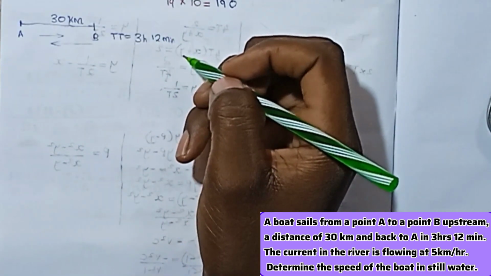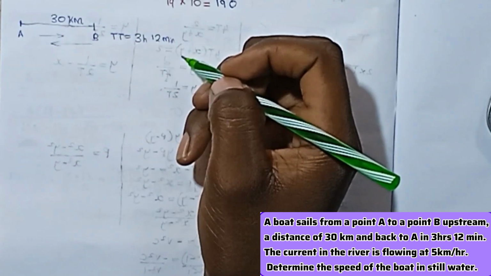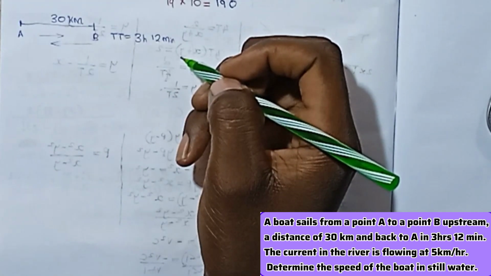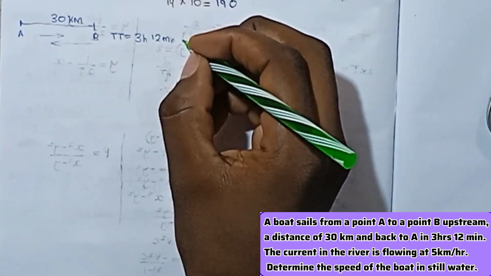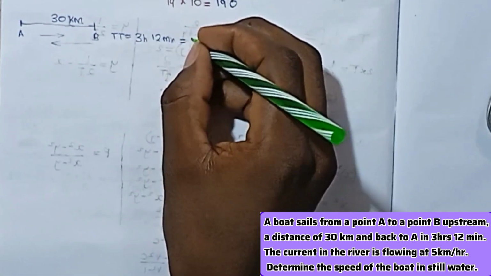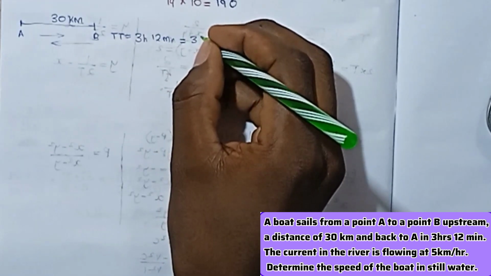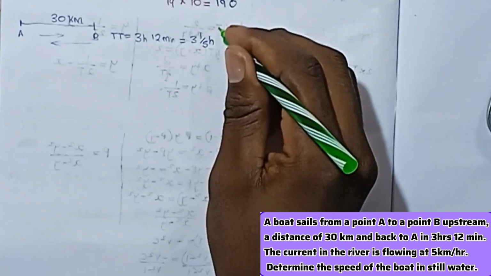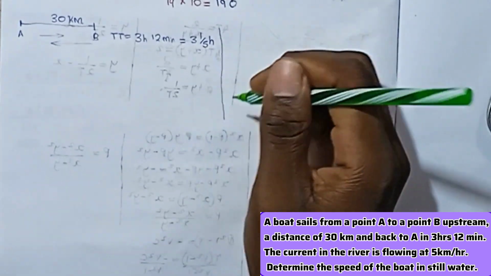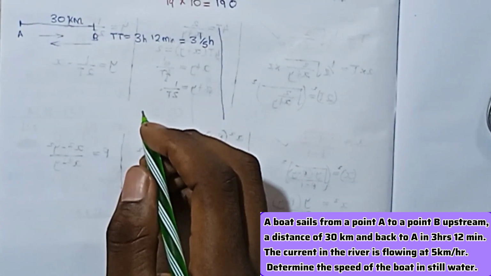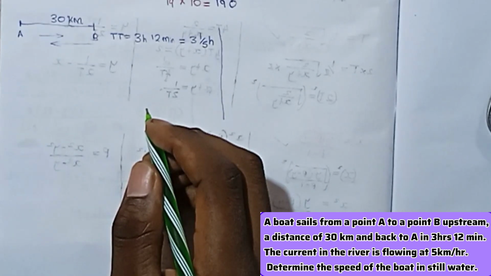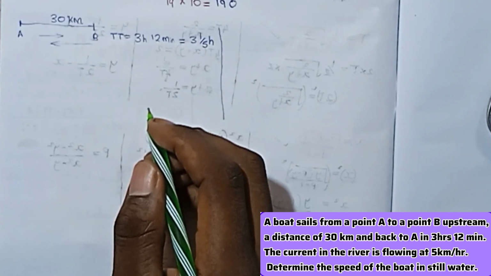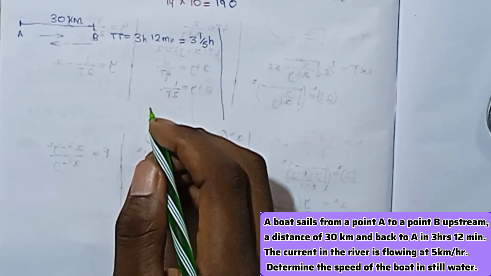When we convert 12 divided by 60, we get 1 over 5. So it is equal to 3 and 1 over 5 hours. This is the total time taken. So we proceed. The current in the river is flowing at 5 kilometers per hour. Determine the speed of the boat in still water.